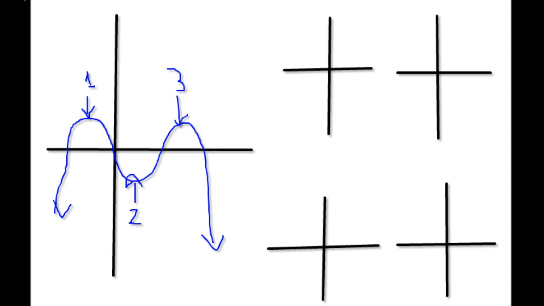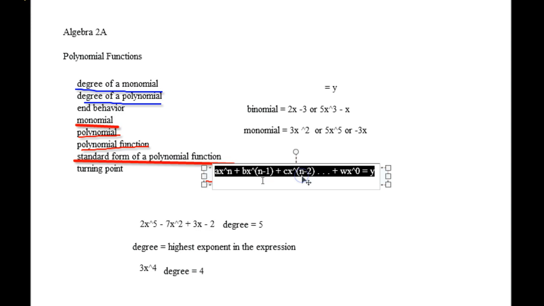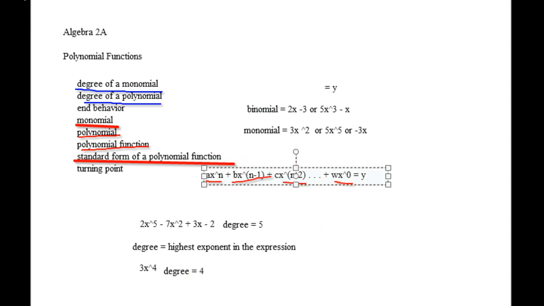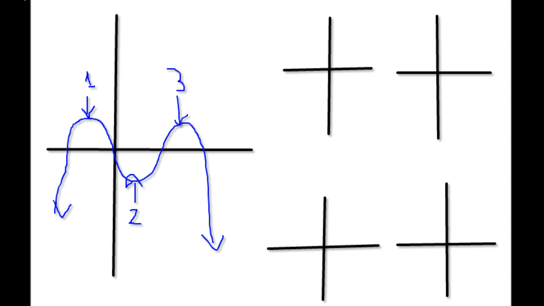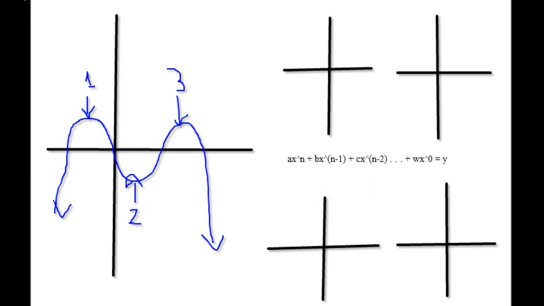As for the end behavior, let's copy and paste it right here. The only thing you need to know is you need to look at the sign in the front and at the degree, and you can tell the end behavior.